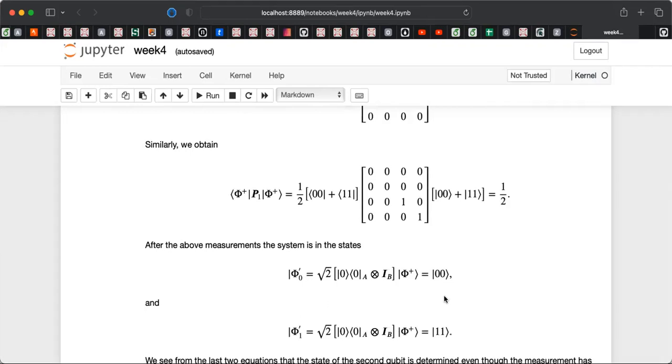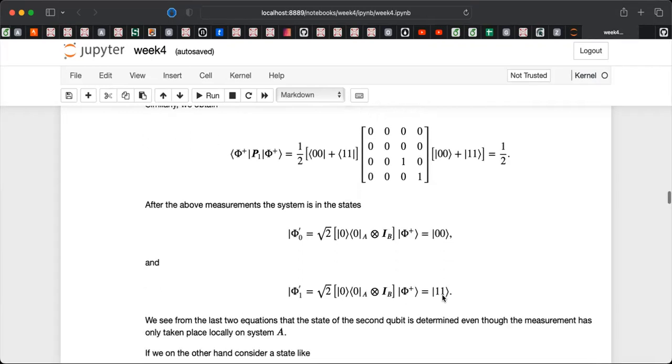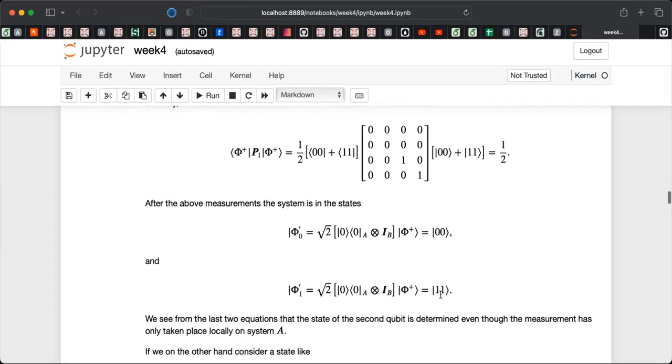And in that specific state, what has happened is that we have projected out a specific part of this Bell state, which was a linear combination of the 0, 0 and 1, 1.